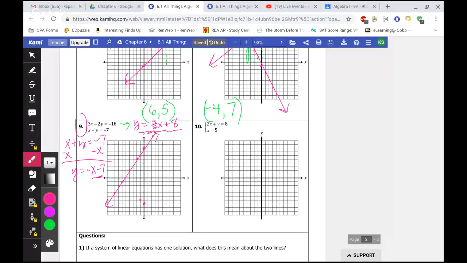So I go up 1, left 1, up 1, left 1, up 1, left 1, up 1, left 1, up 1, left 1. There she is. Up 1, left 1, up 1, left 1, because I want to get just past that line so I can make a good line.